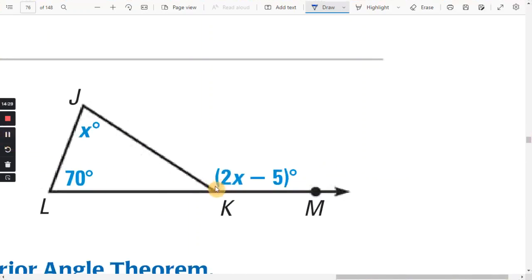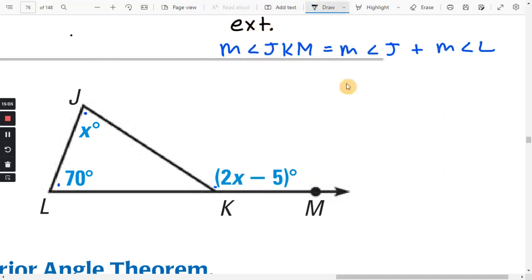All right, so the exterior angle right here, that's going to be JKM. So we can say measure of angle JKM. And then let's add the two interior angles. This one here, we can just call it angle J. And this one here, we can just call that measure of angle L. Okay, so the one on the outside, that was the exterior angle.